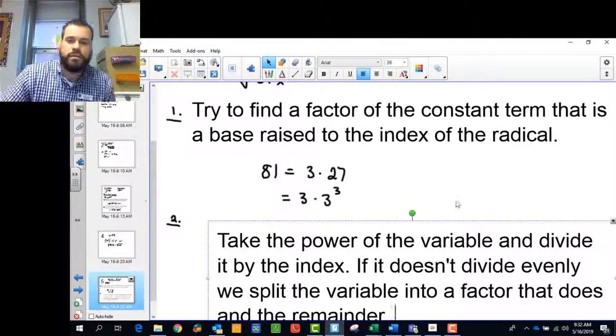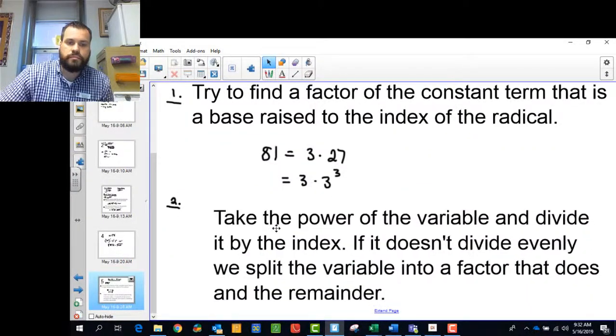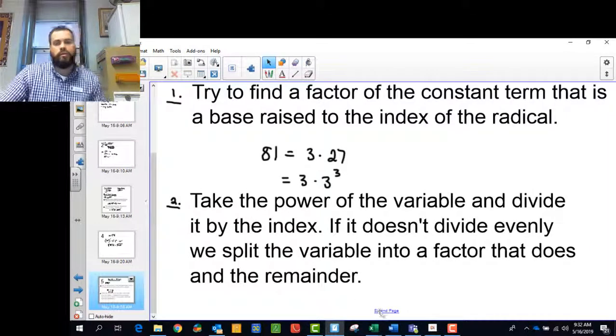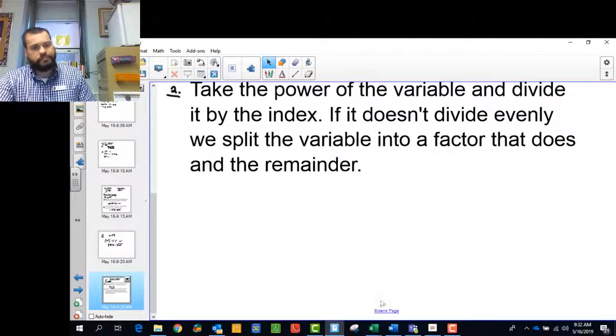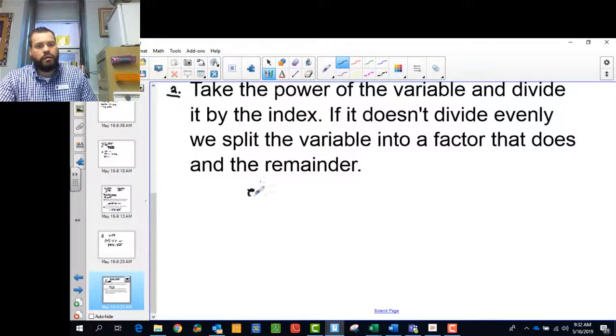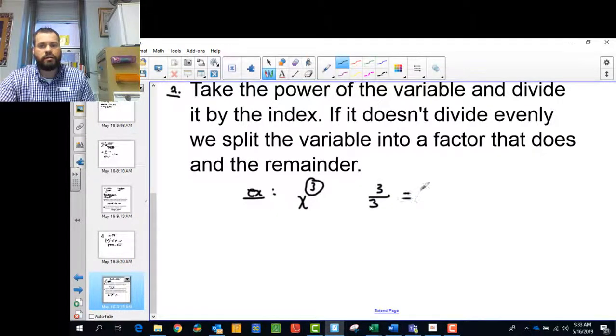Okay, so we're going to look at our x cubed up here. We take the power, 3, and divide it by 3, and it gives me 1. So that works nicely. So when I divide it by 3, it becomes x to the 1.